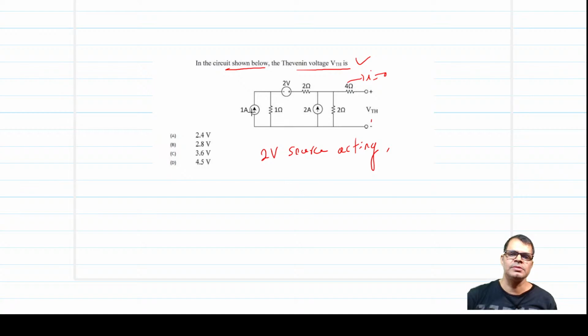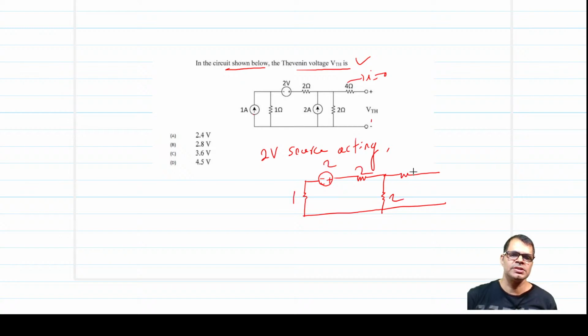So the situation becomes ideal current source open, with 2, 2, 2 and 1.